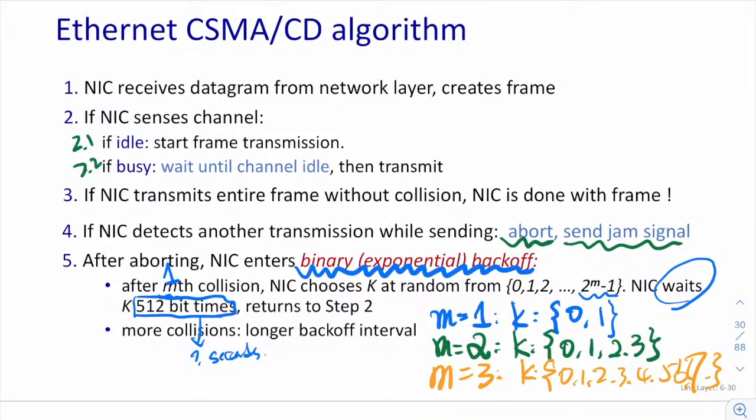So it's very simple. We use a random mechanism. They roll the dice by themselves, they count the wait by themselves, and so on. So eventually, one of the interface cards can send first.